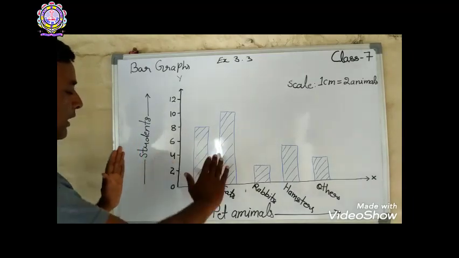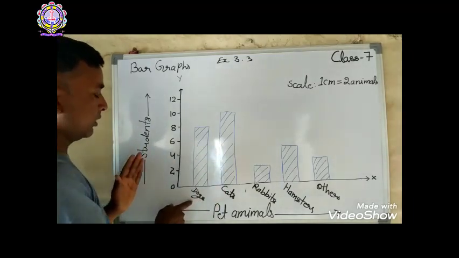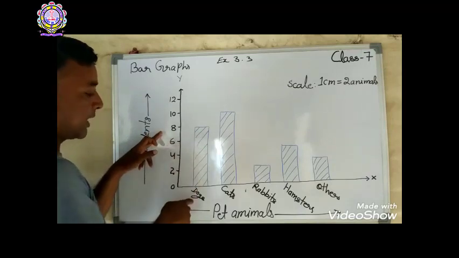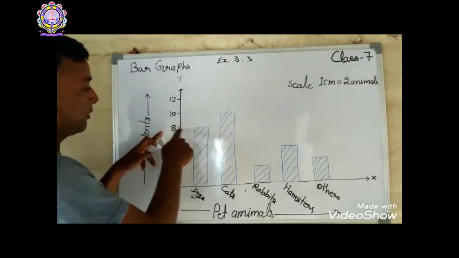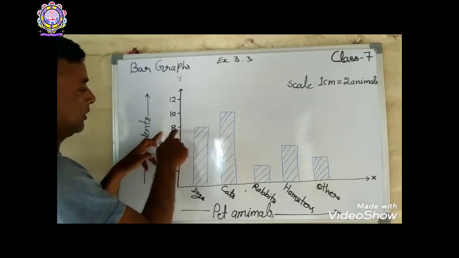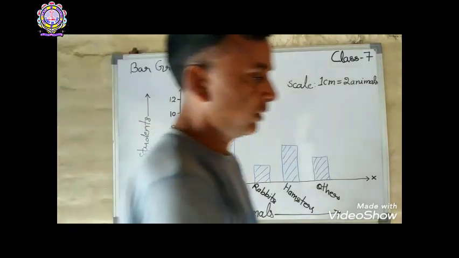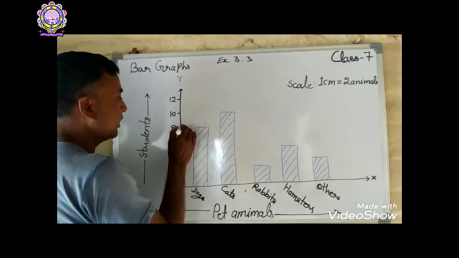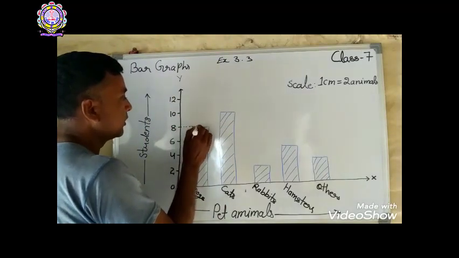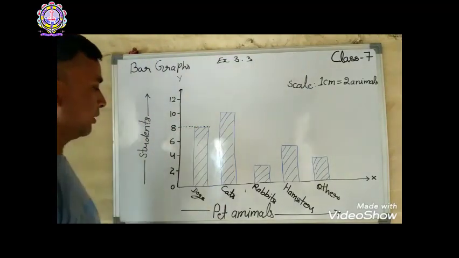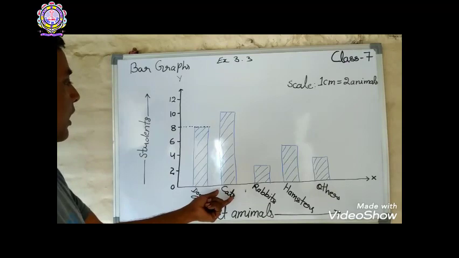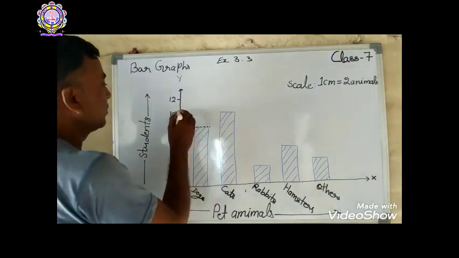So observe here dogs. How many students have a dog as a pet animal? You observe in the graph, it is 8. That is 8. And how many students have a cat as a pet animal?